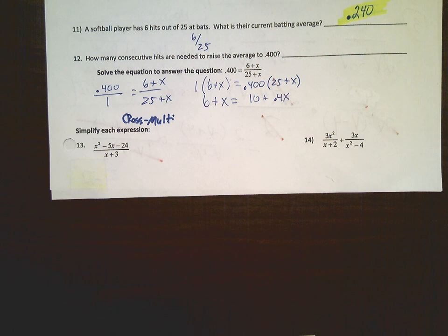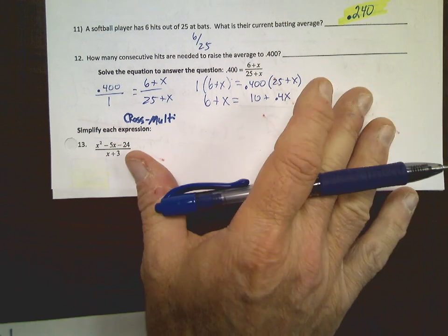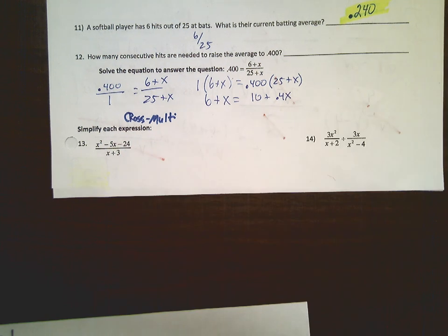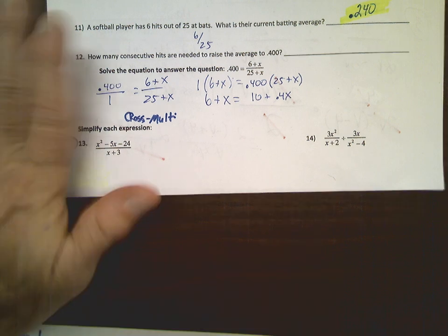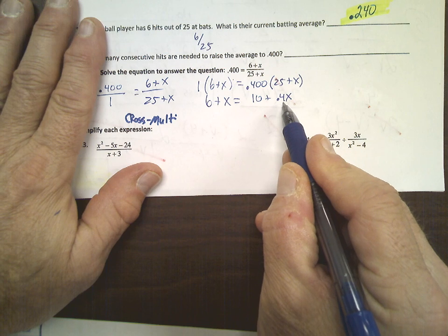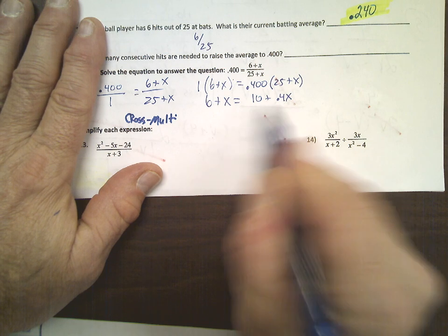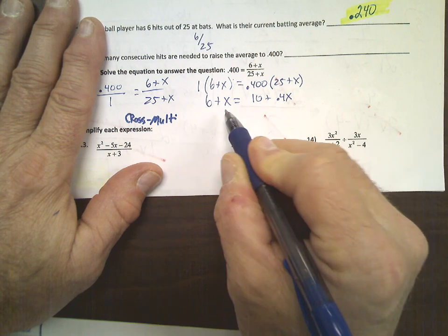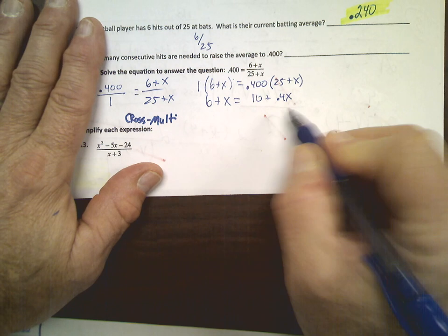Ray Cobb, what's next? Somehow you got to get the 6 and 10 together and the x and the 0.4x together. So I would subtract the smaller from the larger. That's 0.4, that's 1. That's a whole x, that's 1.